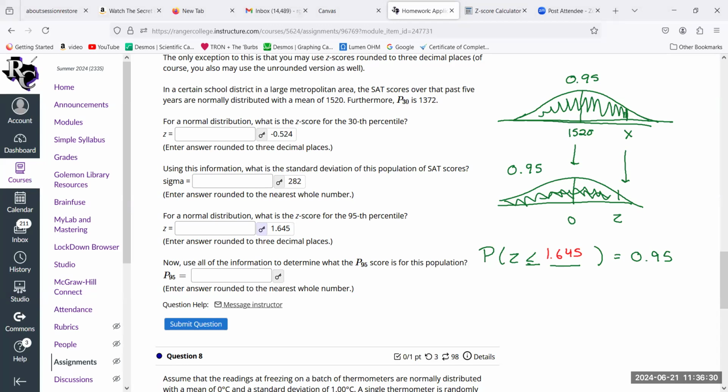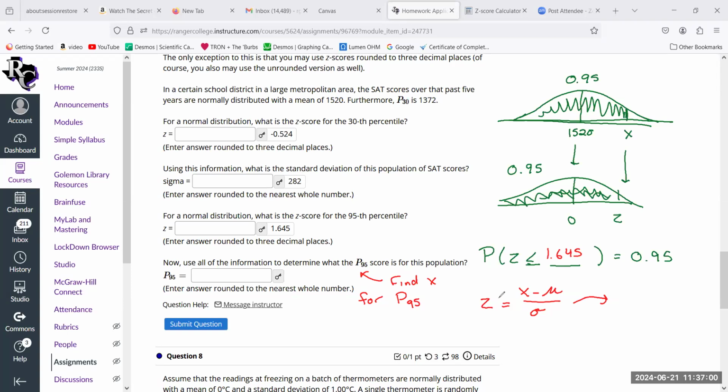Last part here is we just want to use this information to determine what the 95th percentile score would be. So what we're being asked for is to find X. So we're figuring out what that 95th percentile is. And once again, we know z-score is going to be X minus mu divided by sigma.